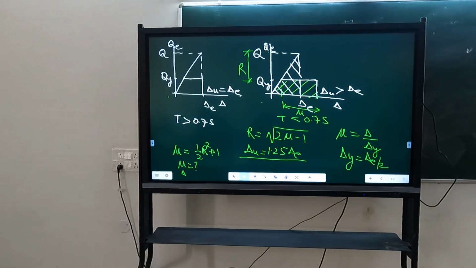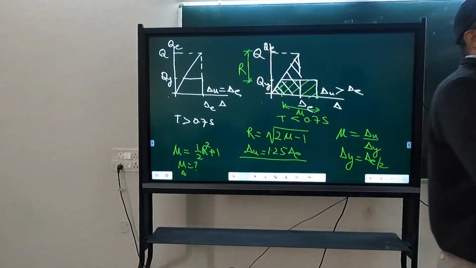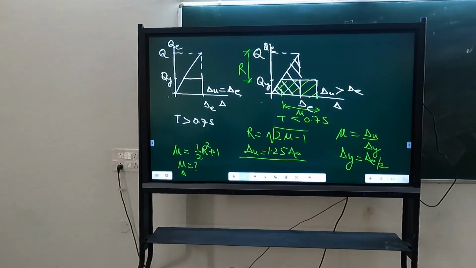Mu is not 2. Mu is R squared plus 1 upon 2. R is 2. Delta U, any delta, it may be ultimate or in between also.